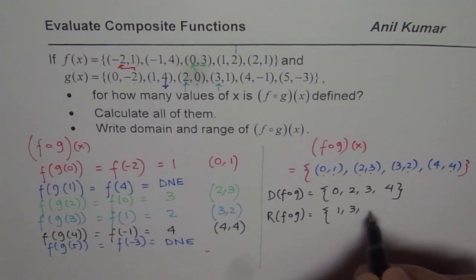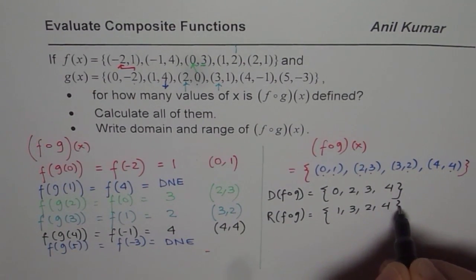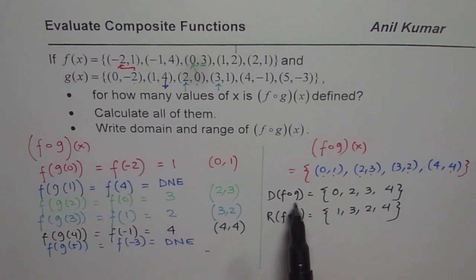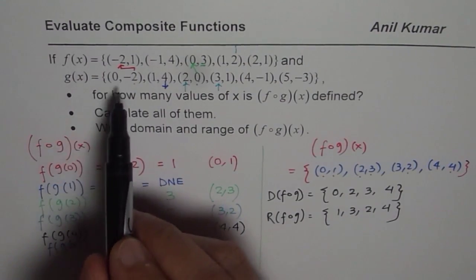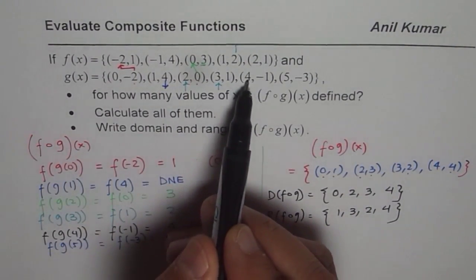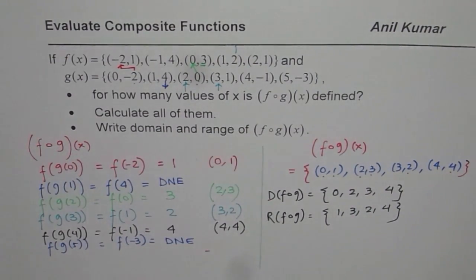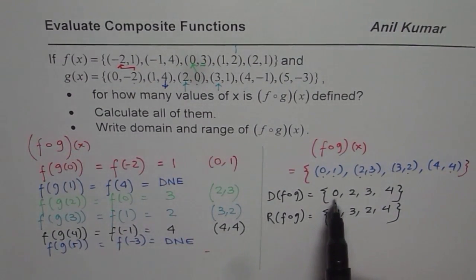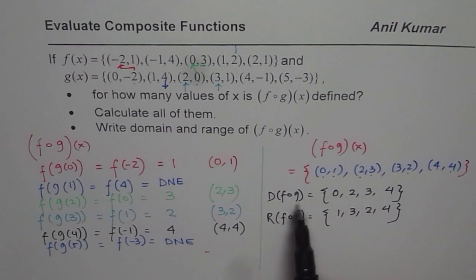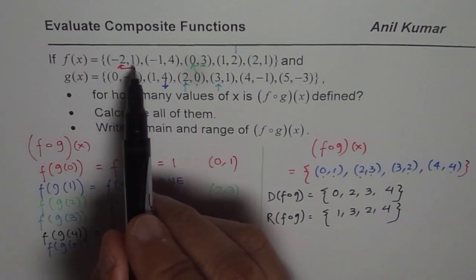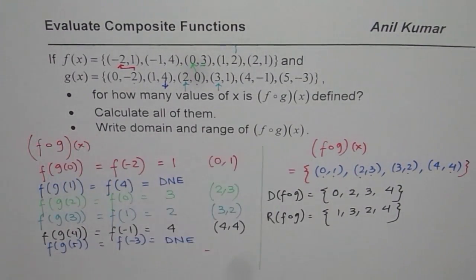You will see that the domain is a subset of the domain of g, right? 0, 2, 3, 4. These 2 points, their output is not the input of f of x, so they do not exist in the domain of f of g. Range is a subset of the range of f of x: 1, 3, 2 and 4. Do you get the idea?